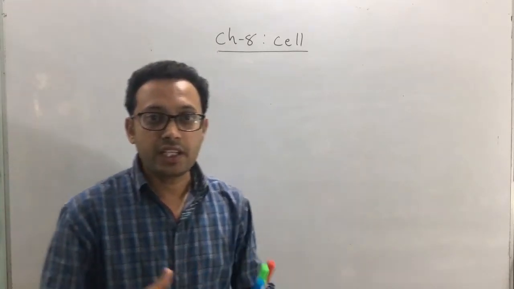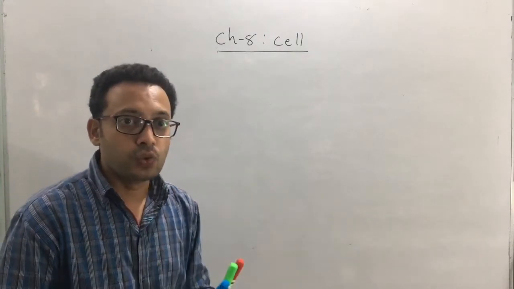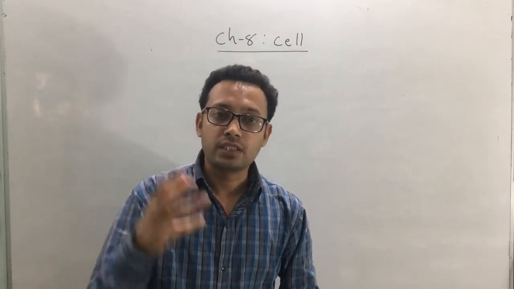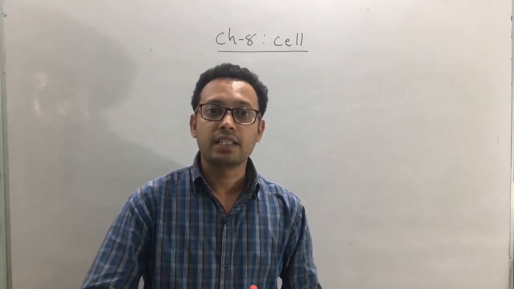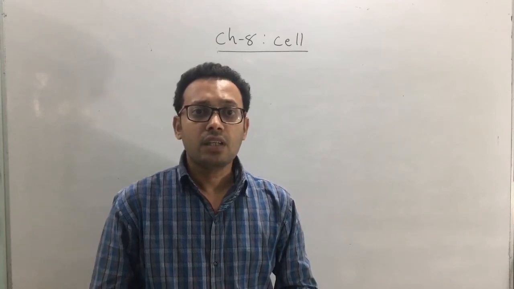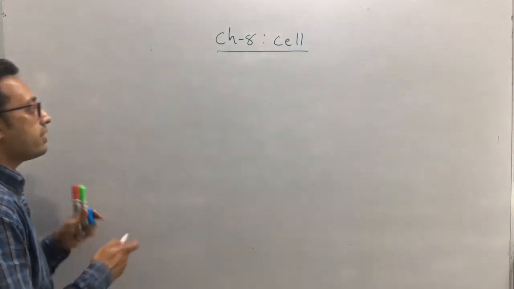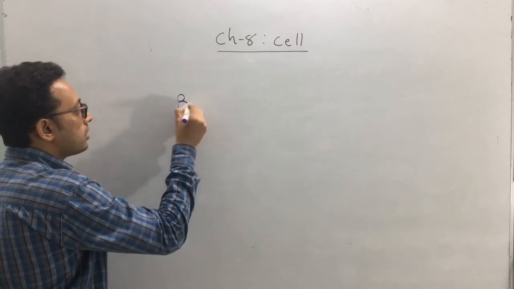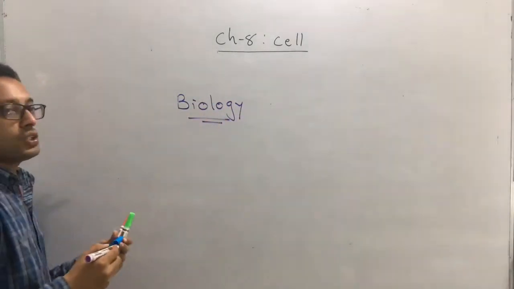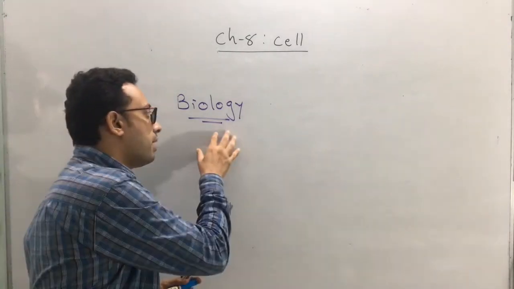Okay, so the study of that living thing we will do in this chapter, that is biology. The study of living organisms we are calling biology. We will learn the characteristics and the properties of them in biology.